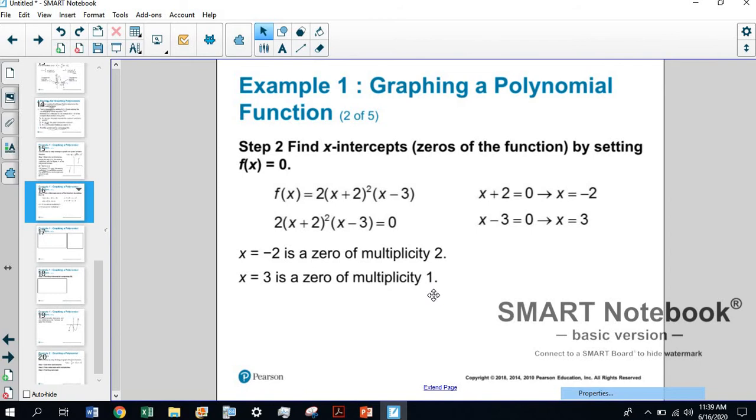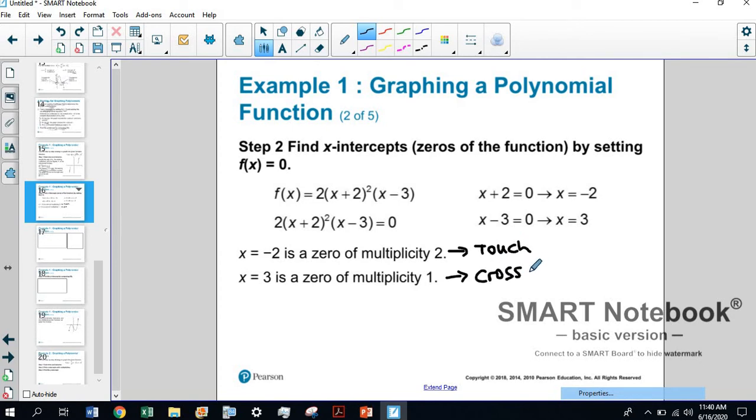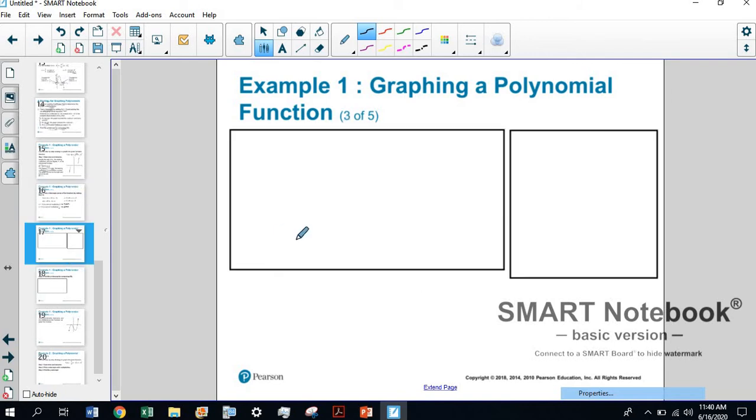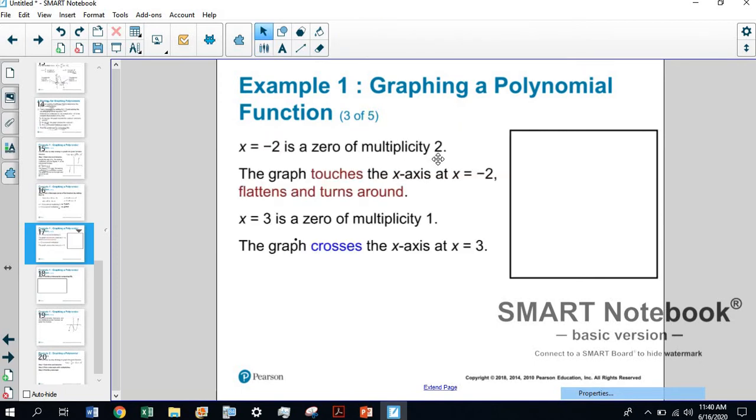Okay. So what does that mean? This means that we touch and turn around on the x-axis. This means that we cross straight through the x-axis, no flattening out because it's multiplicity of 1. Okay? So when we take a look at this, x equals negative 2 is a 0 of multiplicity 2.